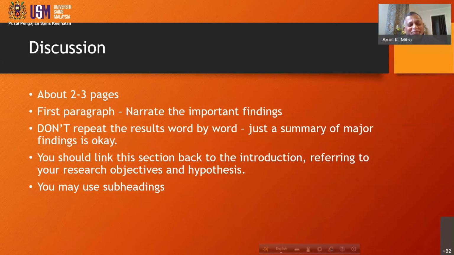I have seen people saying that our results were not significant because we had a small sample size. That is bad. Then the question is, why did you do that study with a very small sample size? Why didn't you do the sample size calculation prior to your study? If you have followed the procedure of doing sample size, you should get information based on your sample size.